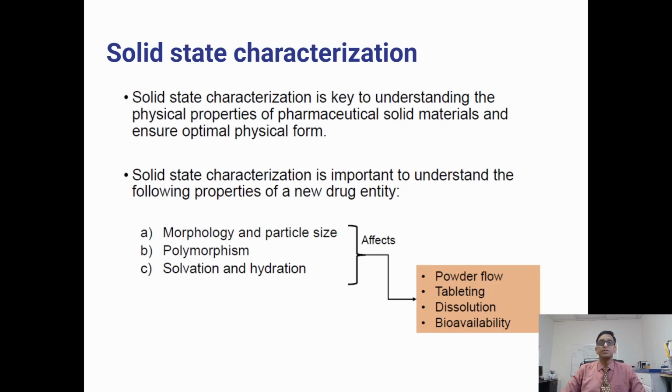For solid dosage forms like powders, granules, and tablets, the physicochemical properties of the new chemical entity greatly influence the performance of the dosage form, like the dissolution, solubility, and bioavailability of the drug or the new chemical entity.